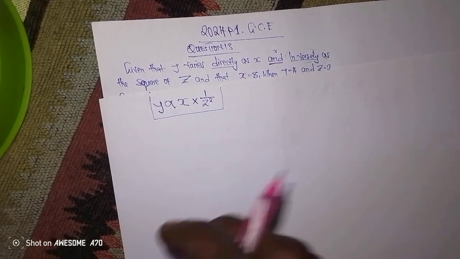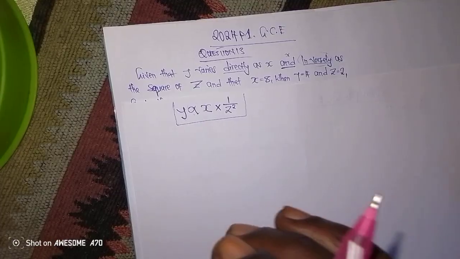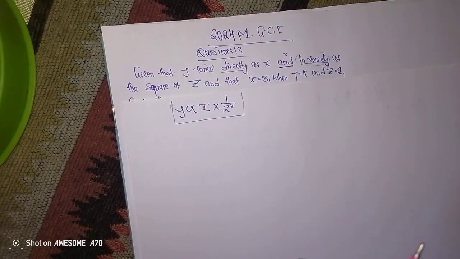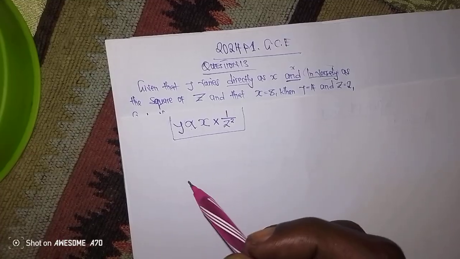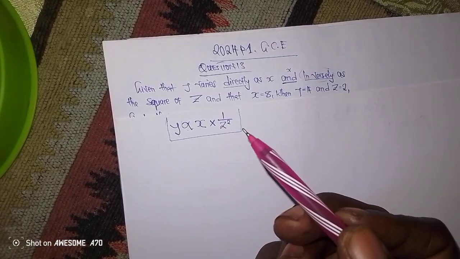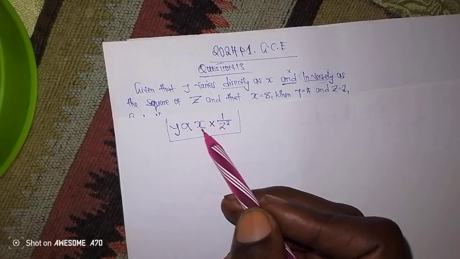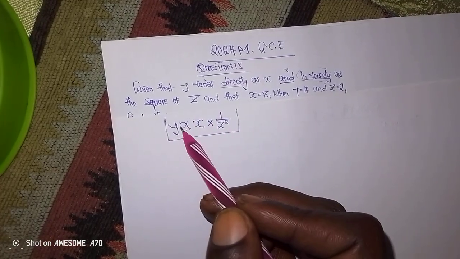All right, so after you've done that, your second step is now to introduce the constant k. That constant number is the amount that changes in either of the quantities that we have, either in x, in z, or in y.